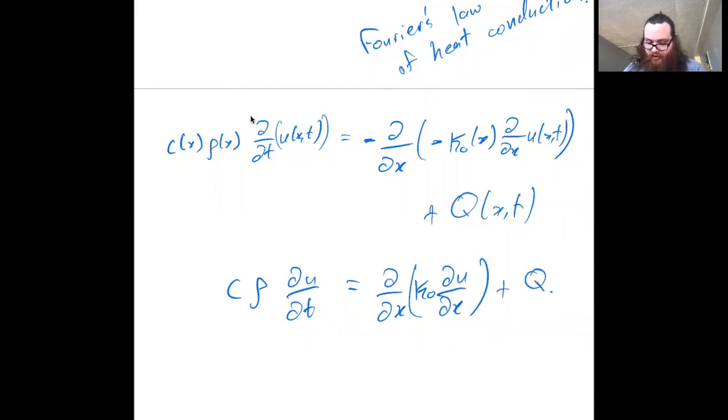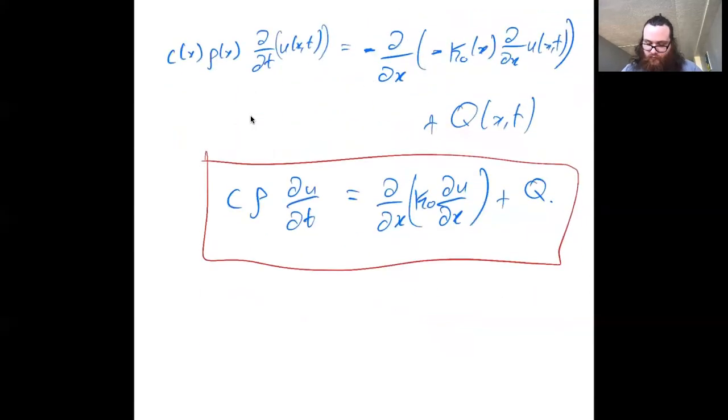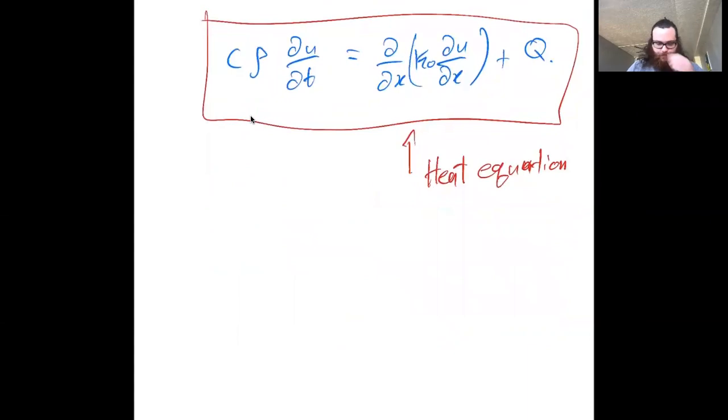And this was our goal all along. This is the heat equation, which tells us how temperature flows, how temperature changes through time, depending on the materials of the object. So two quick observations.